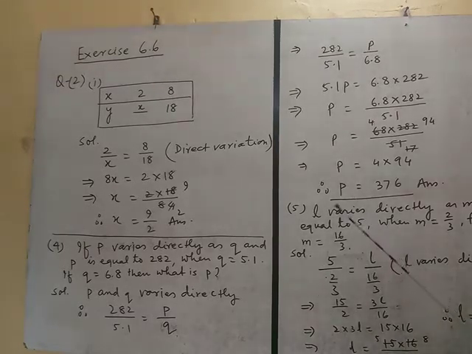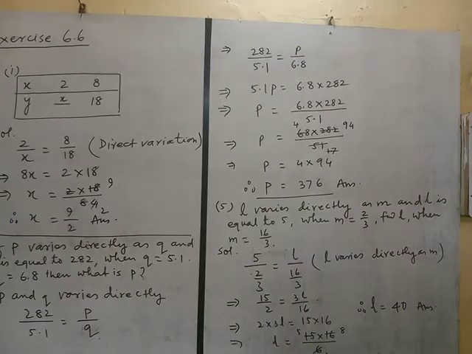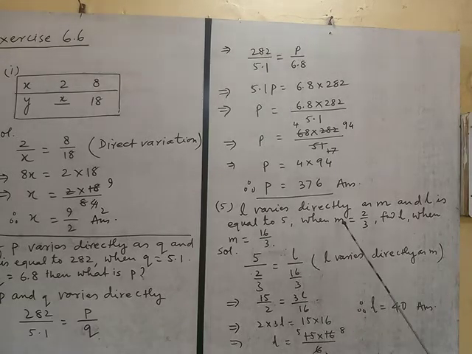Now number 5. The question is L varies directly as M, and L is equal to 5 when M is equal to 2 by 3. Find L when M is equal to 16 by 3. This is the same way.